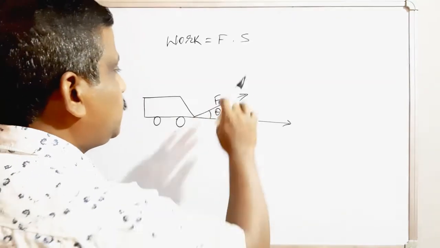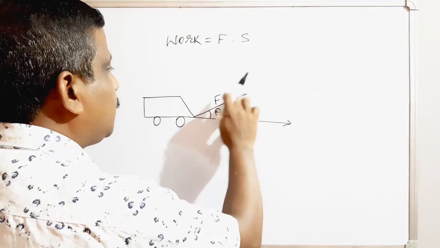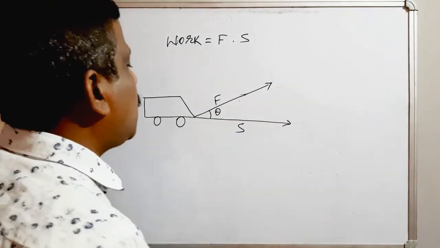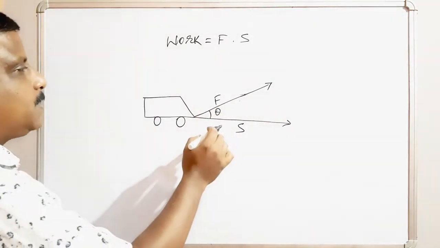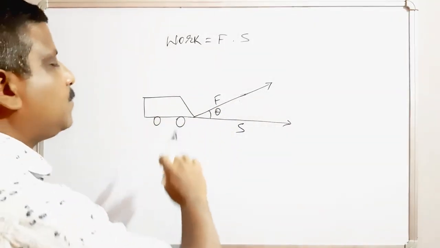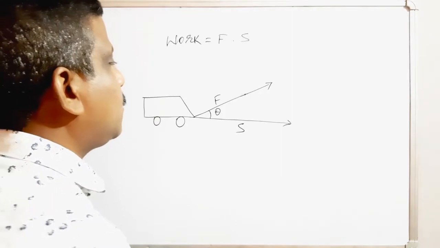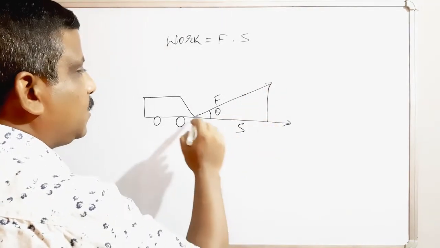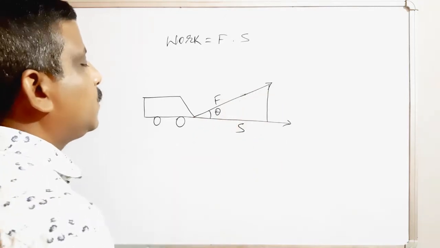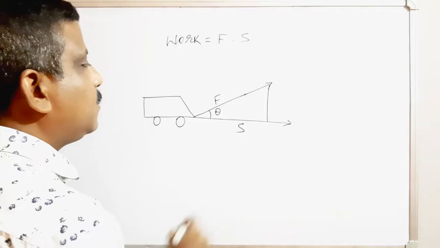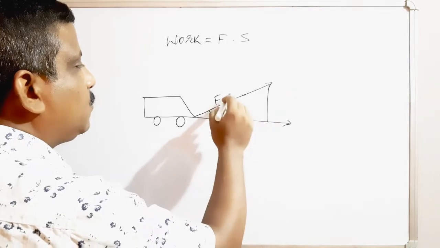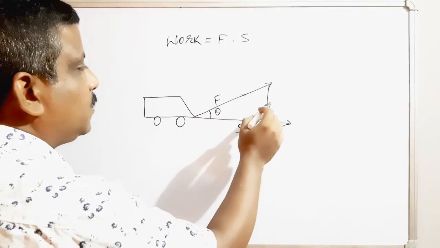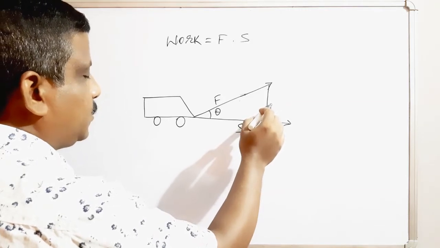Clear? Suppose the force is applied here in this direction. So now between the force and displacement, one angle is forming. Let that angle be theta. If we join this, this is forming a right angle triangle or not? So in this right angle triangle, the 90 degree angle is always opposite the hypotenuse. This is the hypotenuse, this is the base, and this is the perpendicular or height.